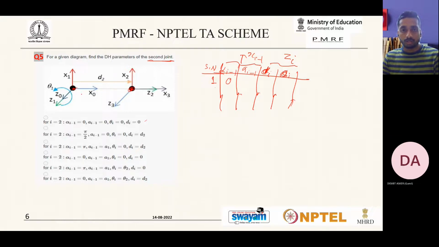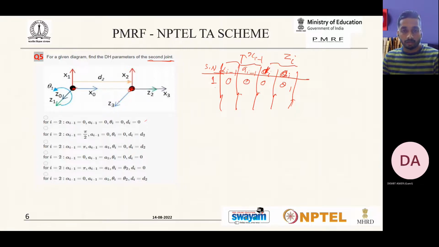There is no distance as well, along x1, so this is also 0. Then d1, that is along z i, we have to measure the distance. Here along z1, the distance of this point is again 0. But there is a rotation which is changing. So this is theta 1. So for the first joint, the DH parameters will be 0, 0, 0 and theta 1.